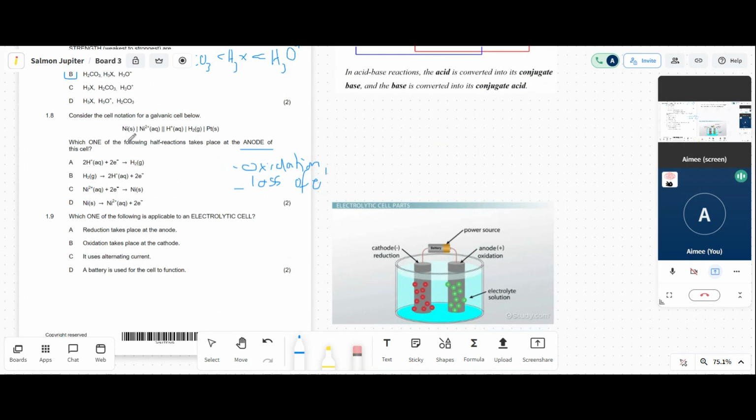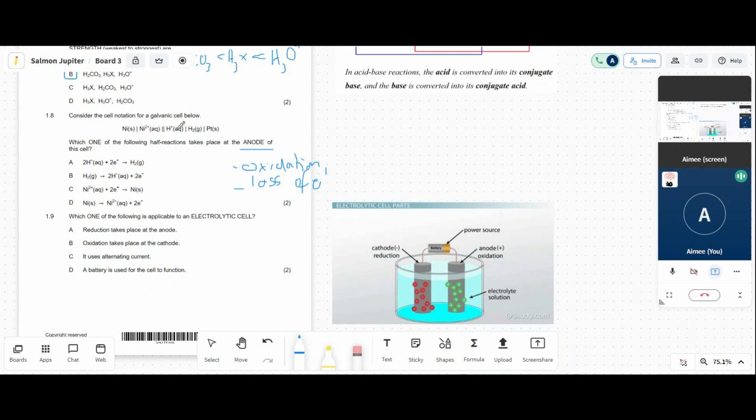Ni, or nickel as a solid, undergoes a reaction to become Ni2 positive. So it started off neutral here, and in order for it to become 2 positive, it has to lose some negative charge, so it loses 2 electrons.